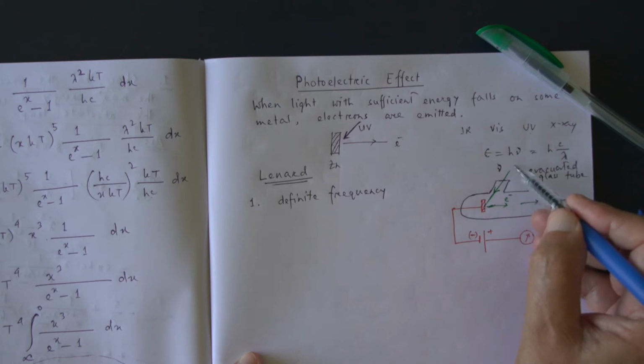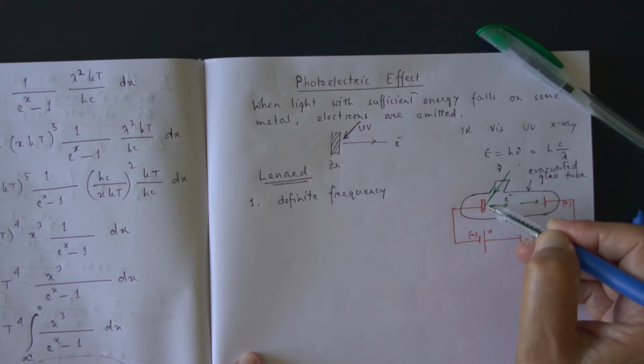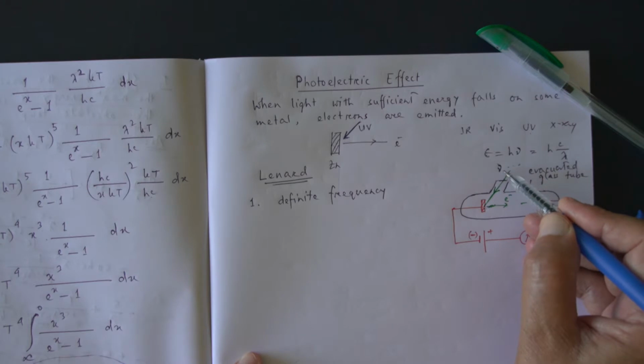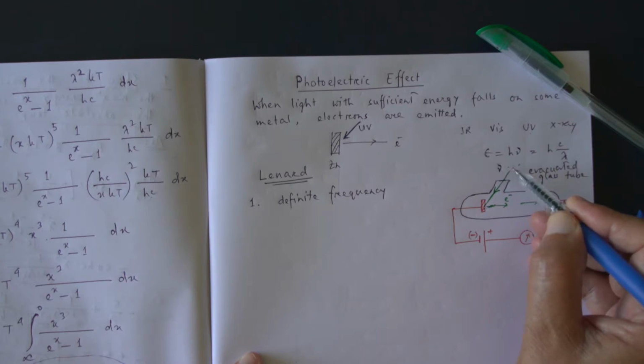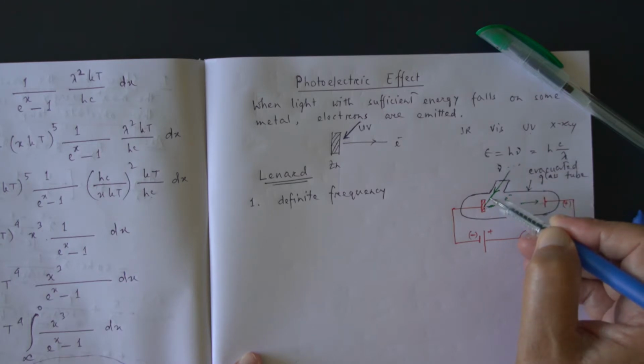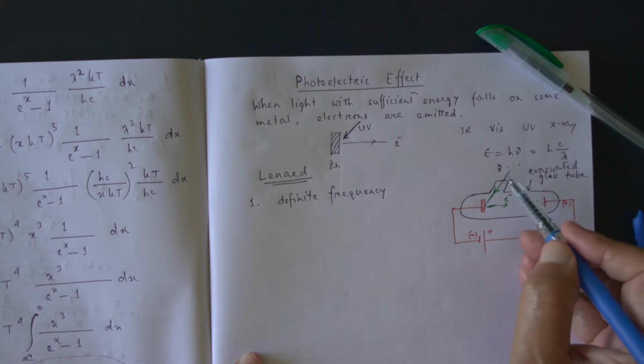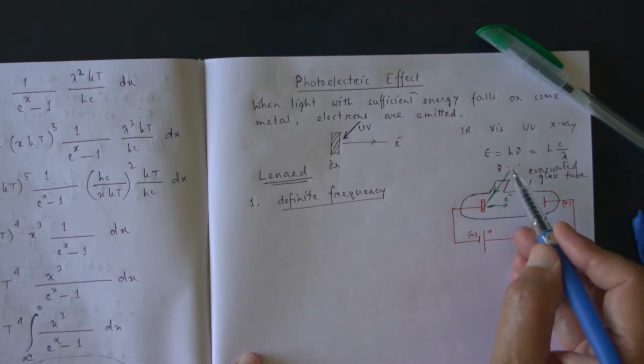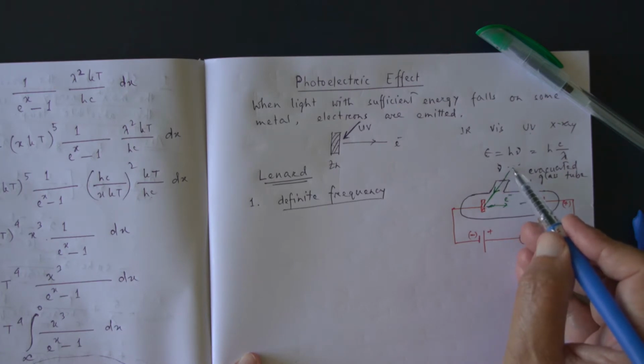Since you are using the same color, wavelength and frequency remain the same. So Leonard used a radiation with definite frequency, then increased intensity.